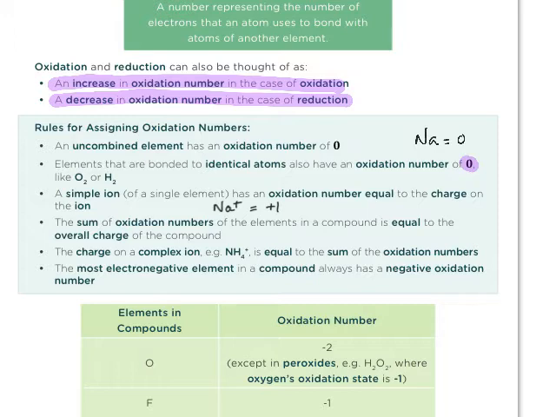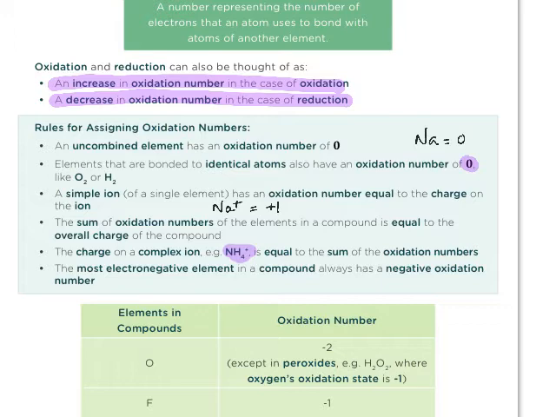And we can see that in the complex ion here of NH4+. So that tells us that overall there is a +1 oxidation number left over. So the totals of positives and negatives must end up as +1 overall.